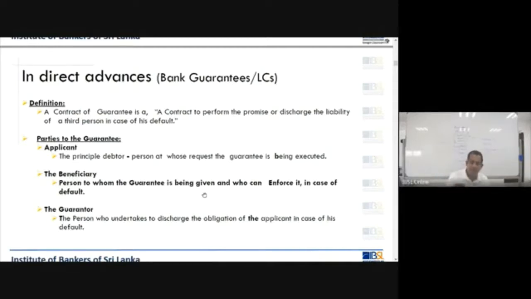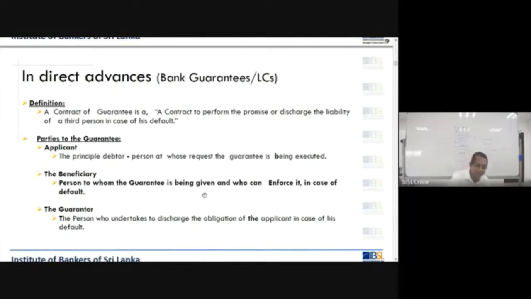Right? We are guaranteeing Mr. Pereira's requirement for DSI. So it is the beneficiary. Beneficiary is the one who can claim. Right? Once the guarantee is issued, applicant can't come and cancel the guarantee without the consent of the beneficiary during the guarantee period.